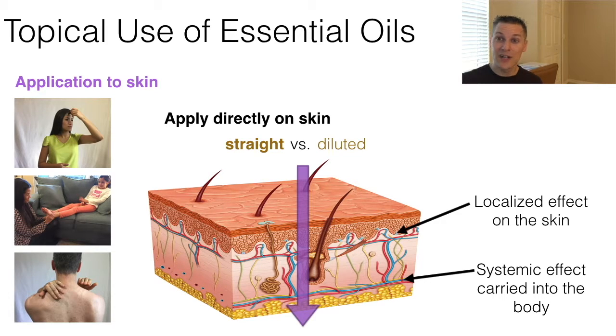Other ideal areas for application are under your nose. So I'll do that a lot. I'll put the essential oil right under my nose, it's kind of like doing it topically and aromatically. Across your forehead for anything cognitive. At the base of the back of your skull. And I'm just using a roller bottle to do this. On the temples. Your temples is right above your ear. You can feel it.